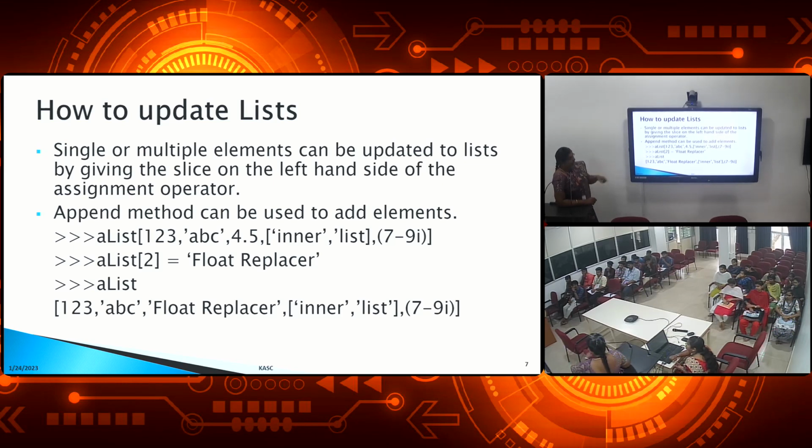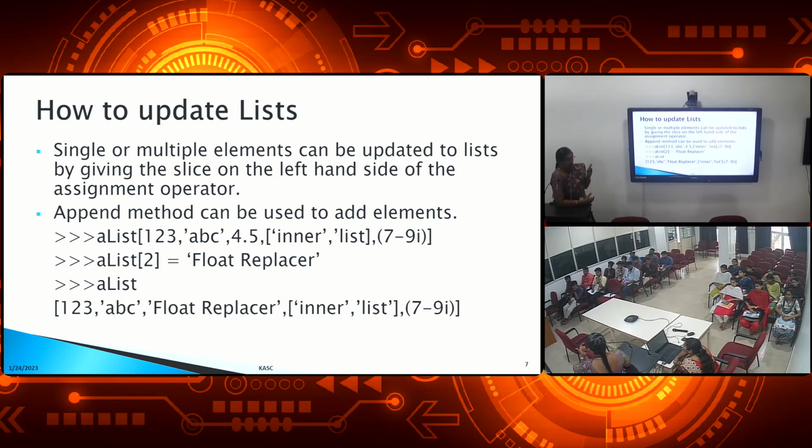இந்த 4.5ங்கிறது எப்படி நீங்க வந்து float replacerன்னு எப்படி கொடுக்க முடியும்? Anyone can say? Index value. So எங்கிருந்து நீ index value கொடுப்ப? 0. 0ங்கிறது எதை மீன் பண்ணுது? 1 2 3. Then ABC is 1. 4.5 is 2.